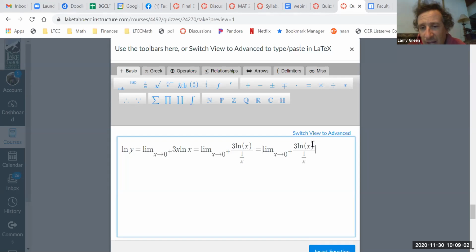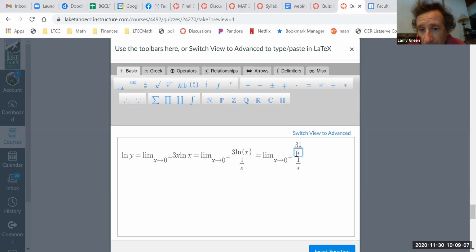And the natural log of x, derivative is 1 over x. The derivative of 1 over x is negative 1 over x squared.